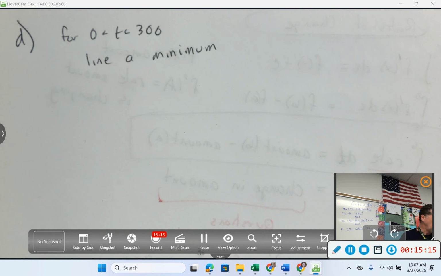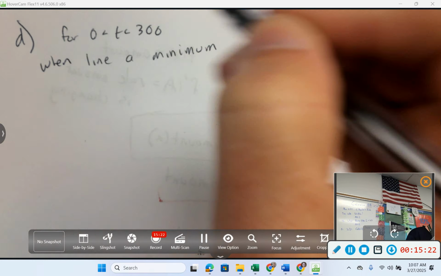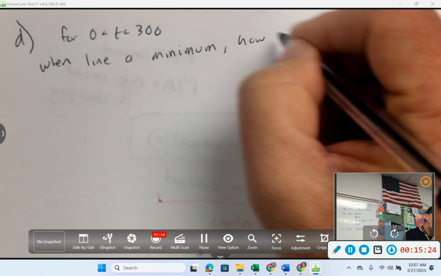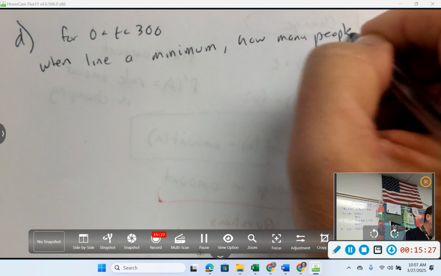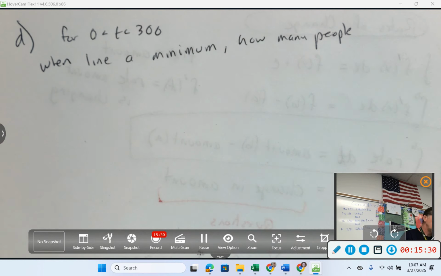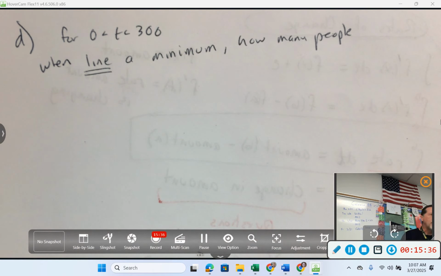To the nearest whole number, find the number of people in line at this time. So when is the line a minimum? And how many people are in line at that time? Justify your answer. Okay, again, if it says justify, you probably want to justify first to know where we're headed.